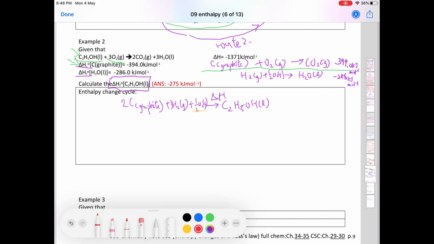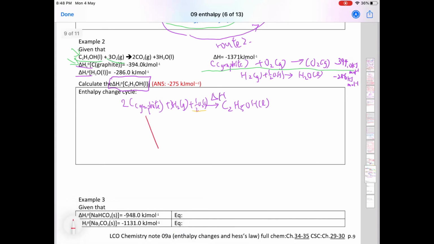Say for example, if I use the second information first, that is for graphite reacting with oxygen, the way can be like this. We react these 2 graphite, and then of course we need 2 oxygen here, and because we are now doing the second equation twice, the corresponding product would be 2 CO2 gas, and the enthalpy change should be the delta H of combustion of graphite multiplied by 2.